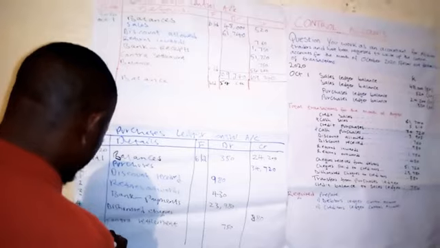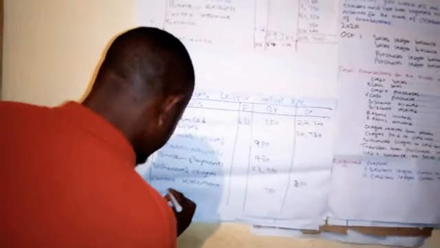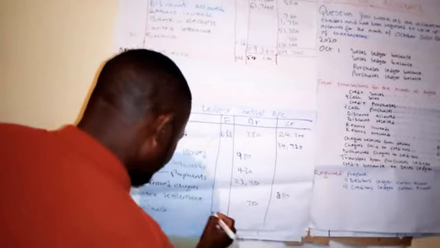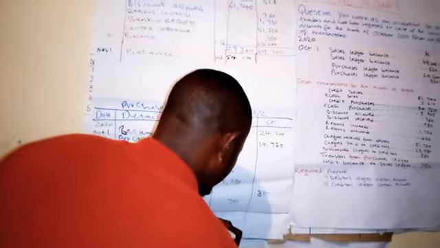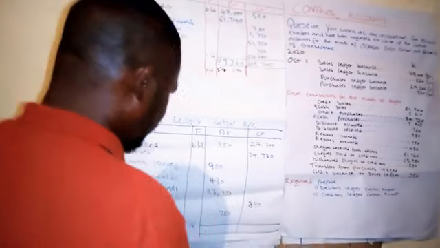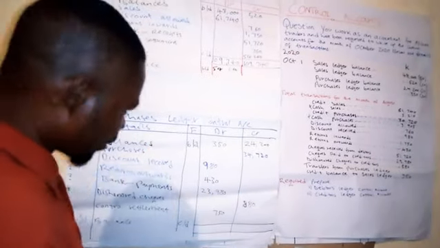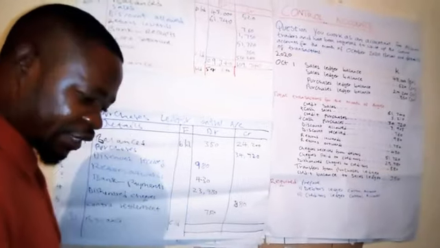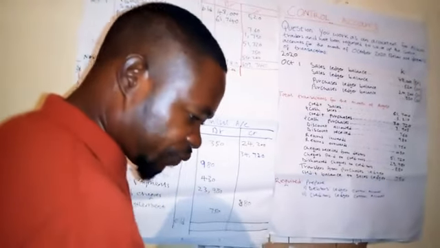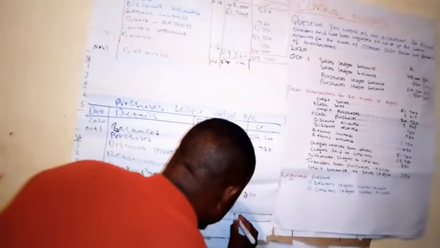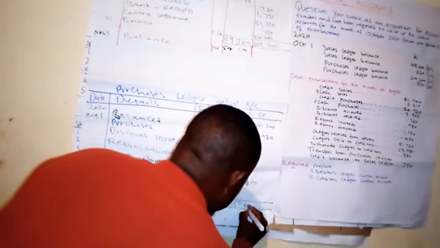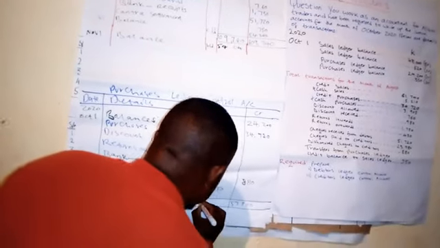We also do the balancing off for the purchase ledger control account. So balance carried down. When we add these figures, you can see the credit side is greater. It is 59,800 both sides.